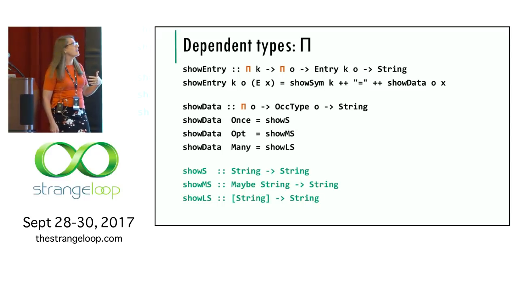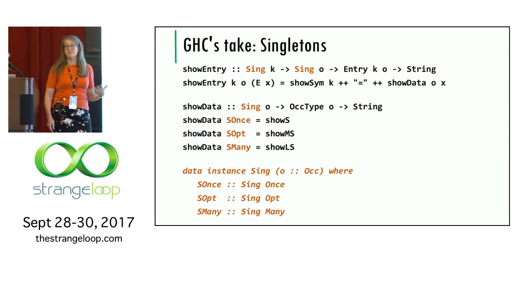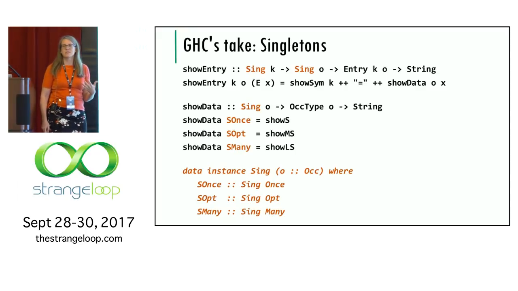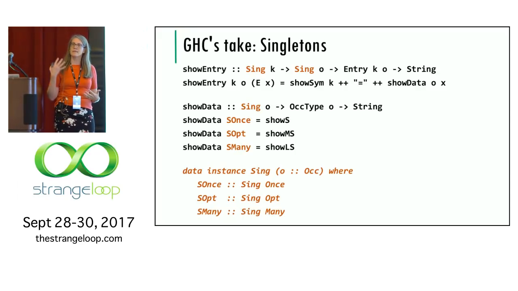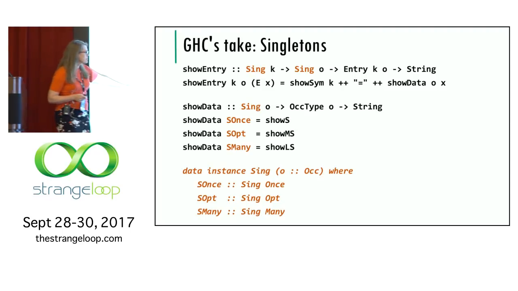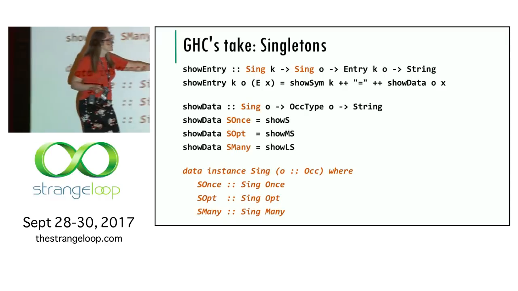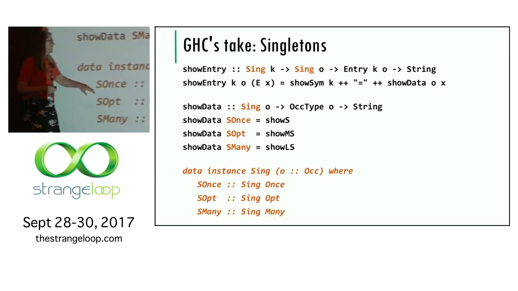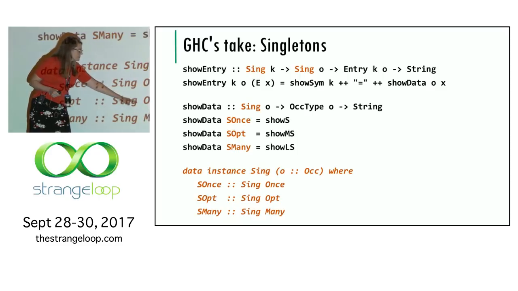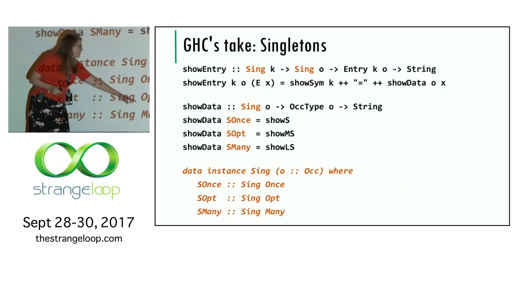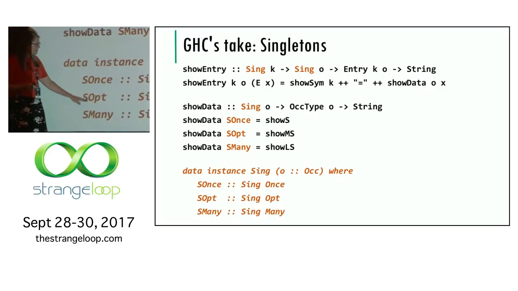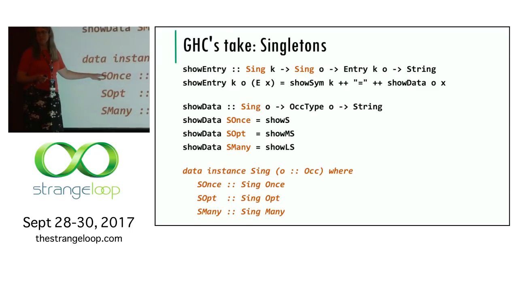Right, so here's where Haskell uses something that's called a singleton type. A singleton type is a way of connecting some type level data to runtime data in a tight enough connection so that we can kind of do the same thing. Here I'm showing the definition for a singleton type for my occurrence information, and you can see that for each of these variants of the occurrences, I have a corresponding data constructor that matches it, right?